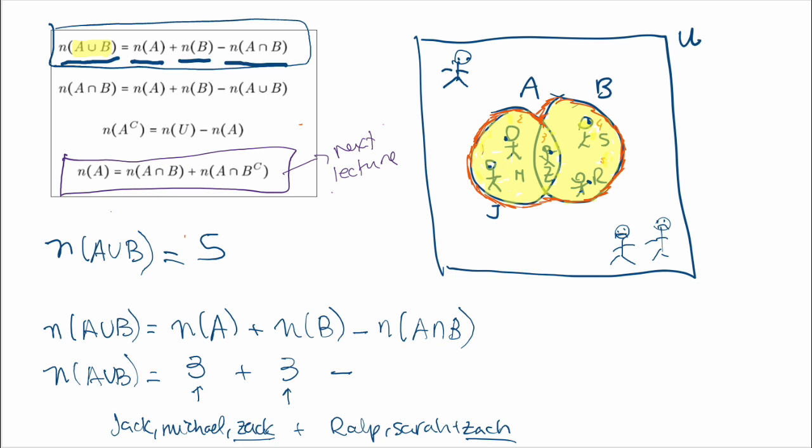In this case, I'm overcounting Zach. So I'm overcounting 1 element, the number of elements that sits here in the intersection. It's 1 element. So it's like, well, I have 3, and I have 3, Jack plus Michael plus Zach plus Rolf plus Sarah plus Zach, minus 1. So just get rid of Zach because I already counted Zach. Okay? So at the end of the day, this is equal to 5.